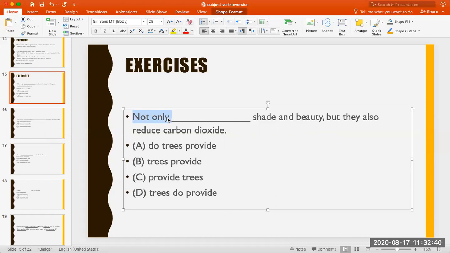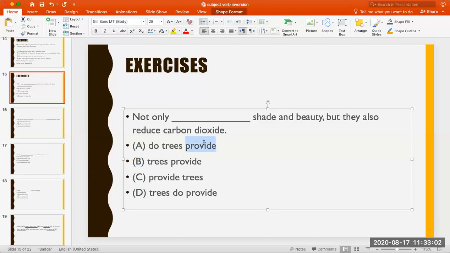So in this question, for example, not only, so you remember, not only should be followed with a verb, then a subject. So which one is the right answer? So you eliminate B and C. Provide or do trees provide?